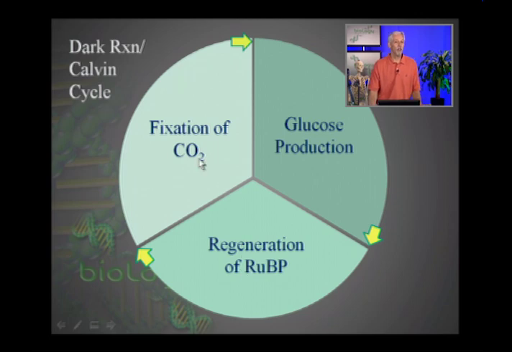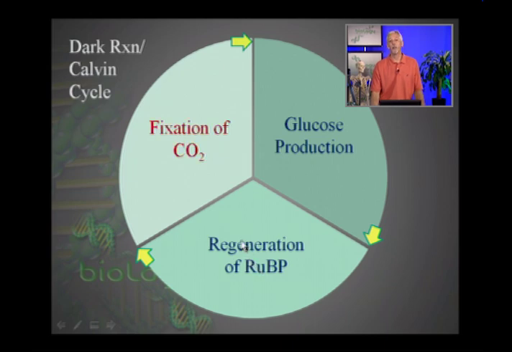One is the fixation of carbon dioxide, followed by the actual glucose production, and then regeneration of some important molecules known as RuBPs, which stands for ribulose bisphosphates. Keep in mind that when we talk about a cycle, we need to start and end with the same materials. And what we're going to start and end with are ribulose bisphosphates.